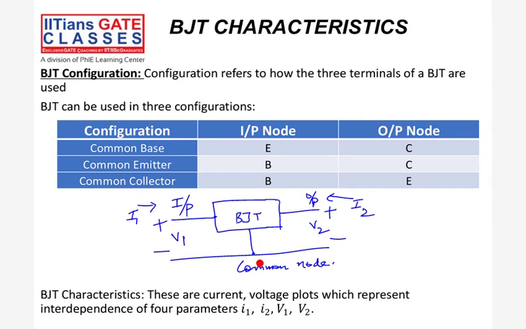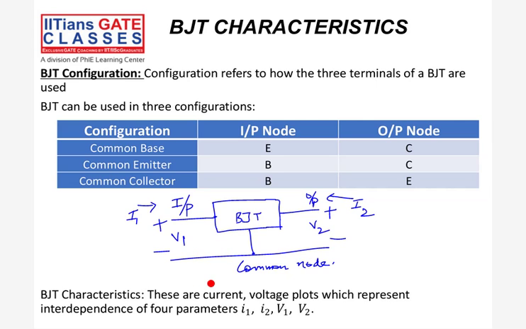So in this way, we will have some characteristics. Those are BJT characteristics. In BJT characteristics, we have some inputs and outputs. Some are depending on some other inputs and outputs.